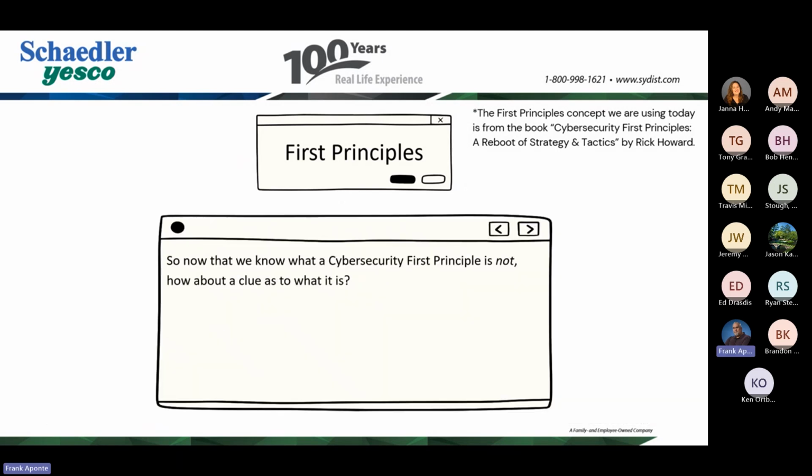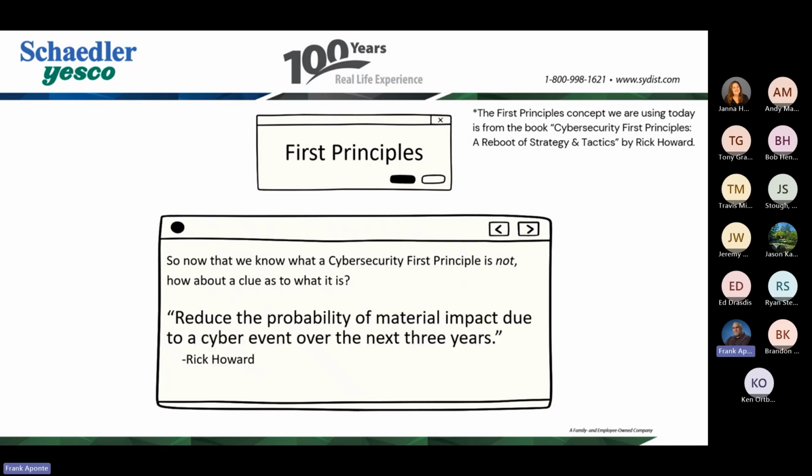So now that we know all the things that a first principle is not, here's a clue as to what it is. According to Rick Howard, it is to reduce the probability of material impact due to a cyber event over the next 3 years. That's a good first principle because it gives you a goal, and that goal leads you into a framework and the ability to do a number of things with it.